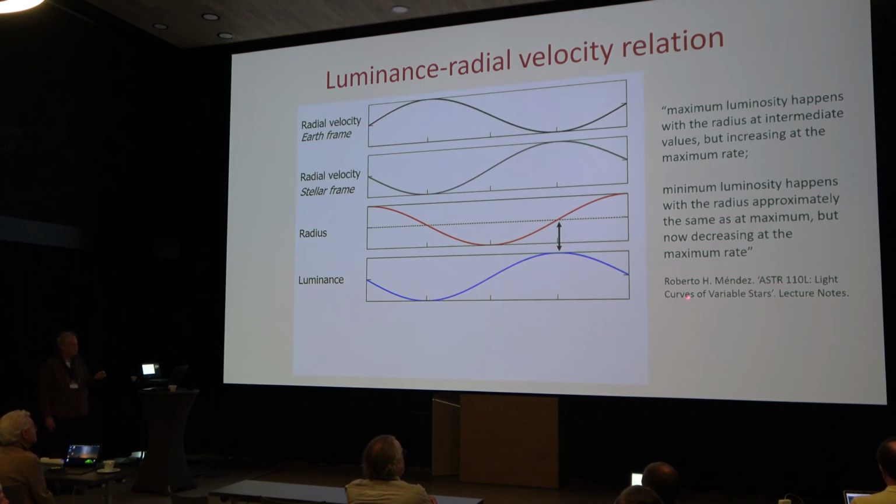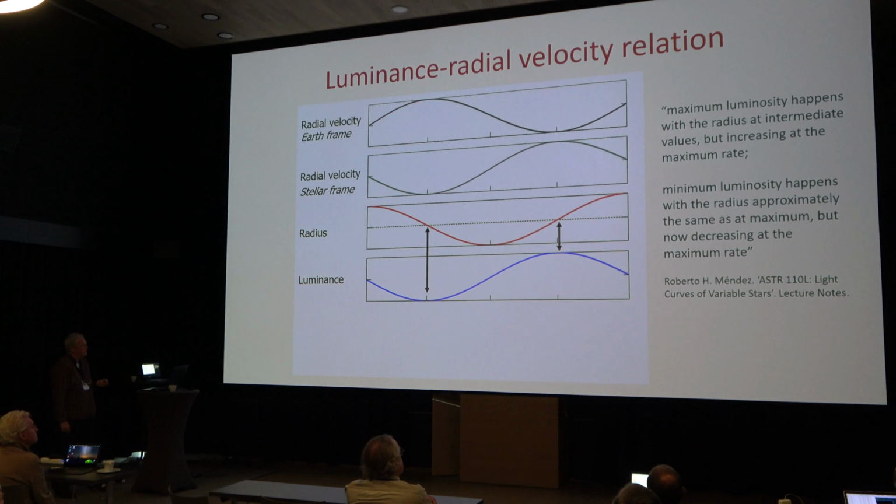I'm sure it must be out there in the more sophisticated literature, but this guy said in his lecture notes, and I believe him, that maximum luminosity happens with the radius at intermediate values, but increasing at the maximum rate, which is here.